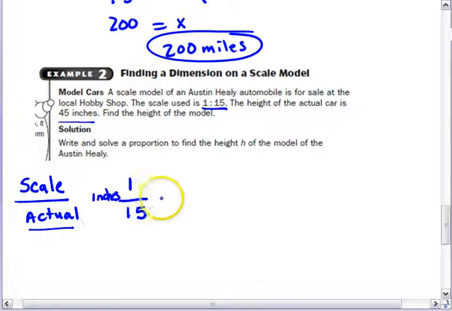Remember, we're going to put actual at the bottom. So that equals, I don't know what the scale is, or the height of the scale, but I do know the height of the actual car. And again, these two are in inches. I'm going to use cross products.